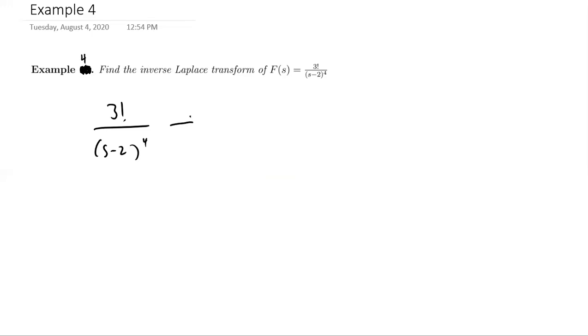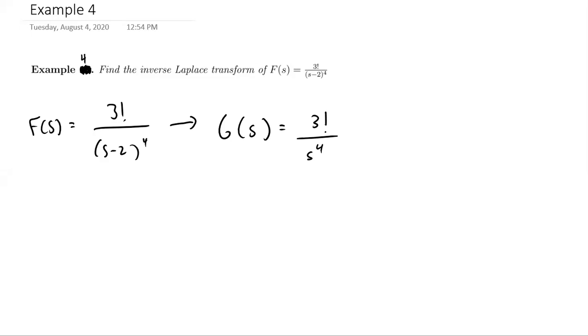This seems to be a shifted version of the function g of s equal to 3 factorial over s to the 4th. Meaning that F of s, which is this original thing, seems to be a shifted version of g of s, being 3 factorial over s to the 4th.